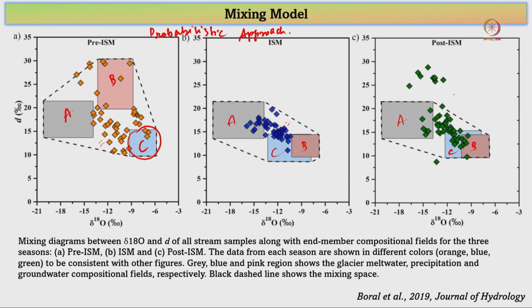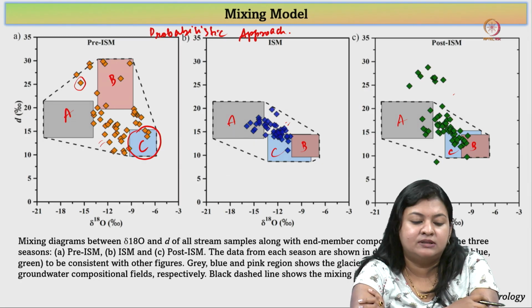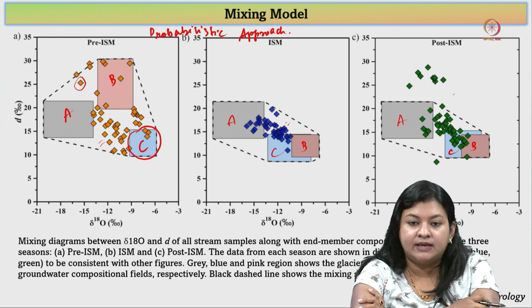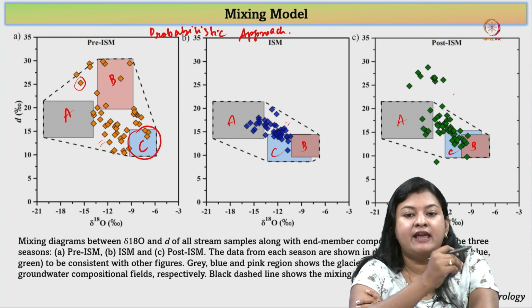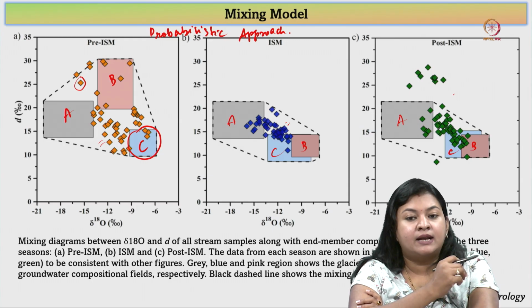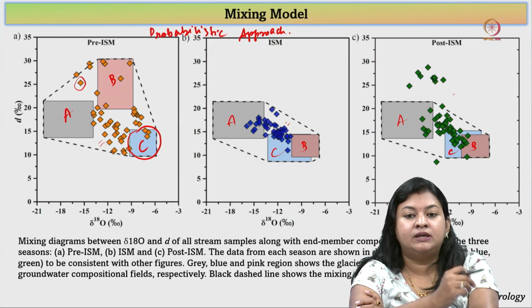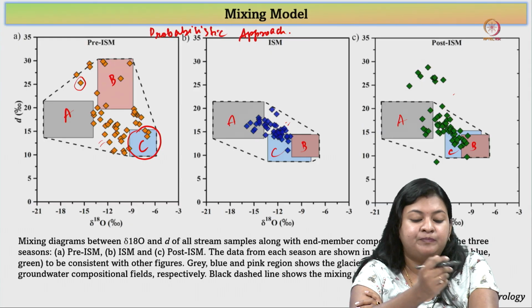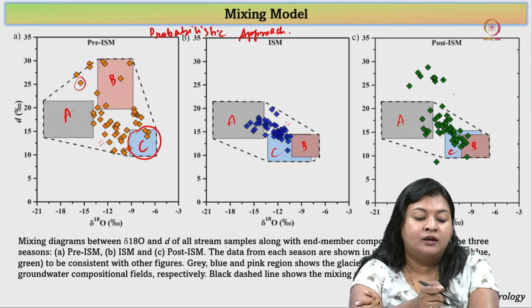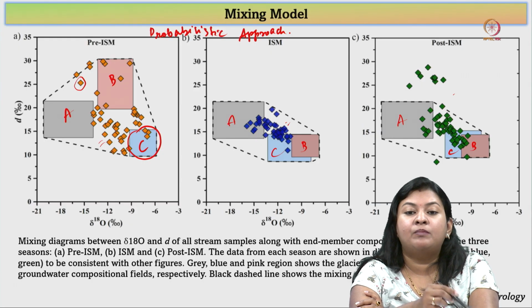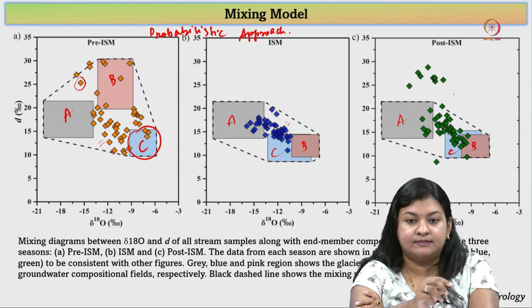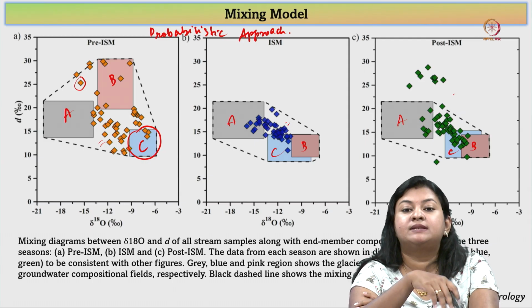For instance, I will simulate this calculation for every sample, every data point, maybe 10,000 times or 50,000 times or 100,000 times, and each time a random distribution will pick these end member compositions from these boxes, and then I do the calculation.